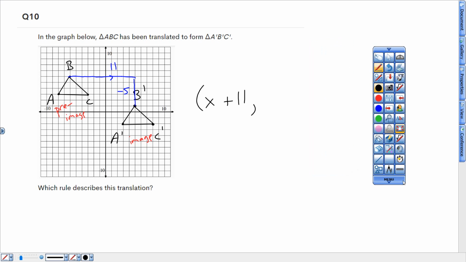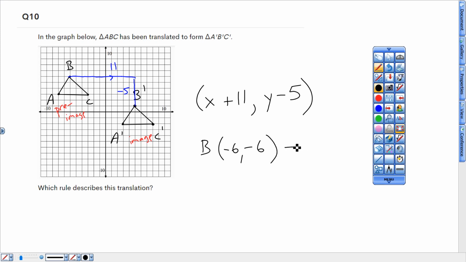And then for the Y number, we do the rule Y minus 5, because for every coordinate we're subtracting 5. To show that, remember, if I take the original B coordinate pre-image, it looks like -6, -6.